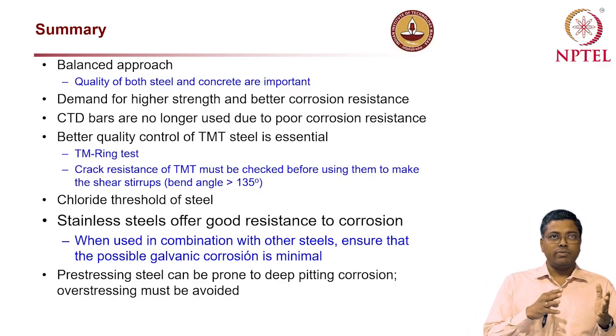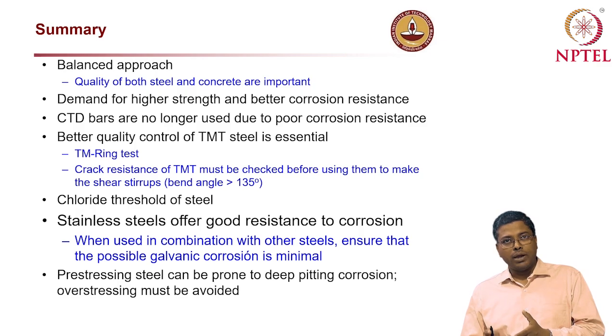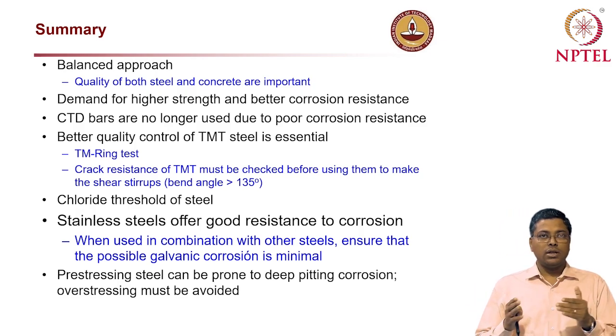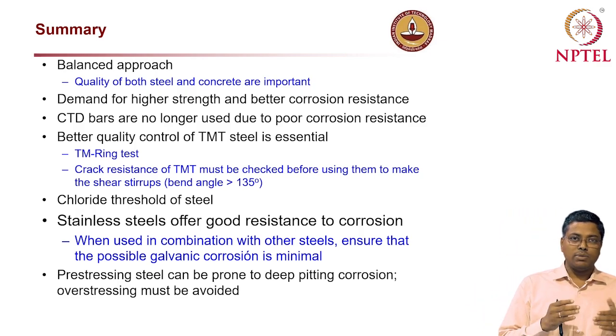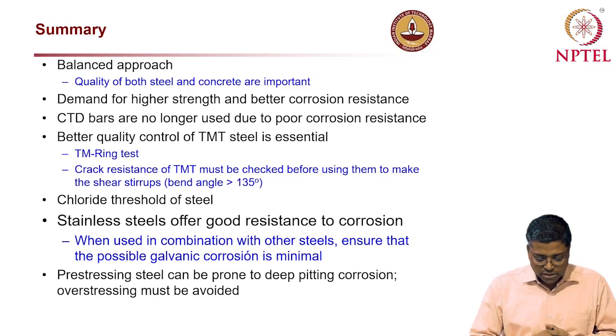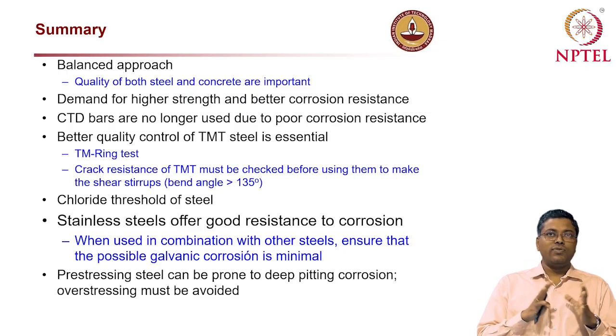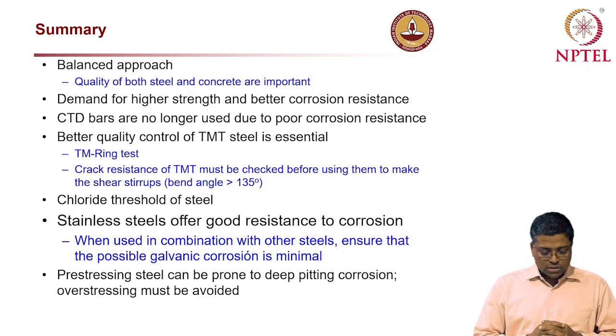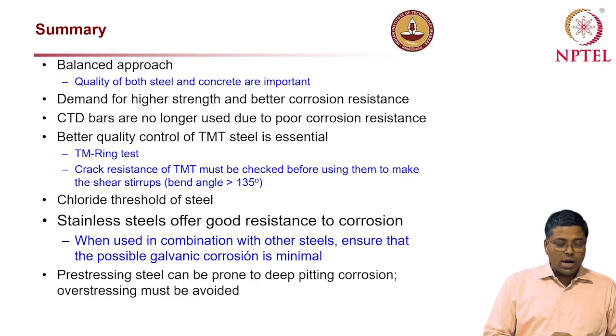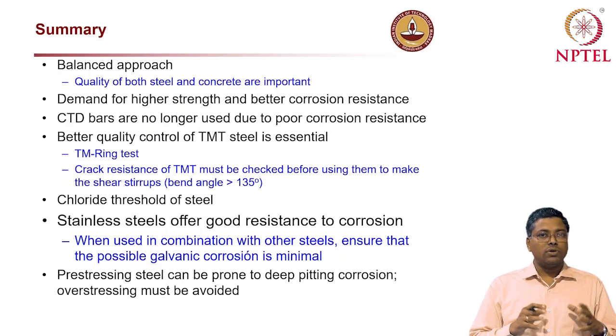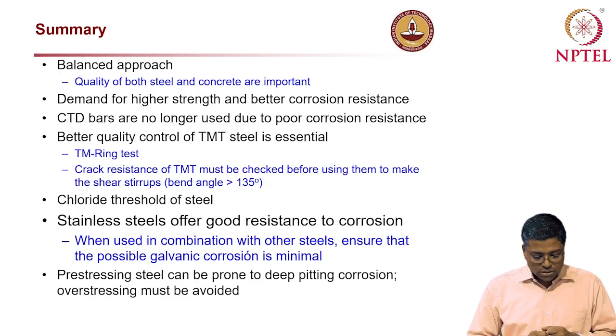From mild steel we went to CTD, and then we went to TMT steel. Now we are talking about stainless steel, prestressing steel. So different types of steels are available to cater to different requirements of various structural elements. CTD bars are no longer in use because of their relatively poor corrosion resistance.